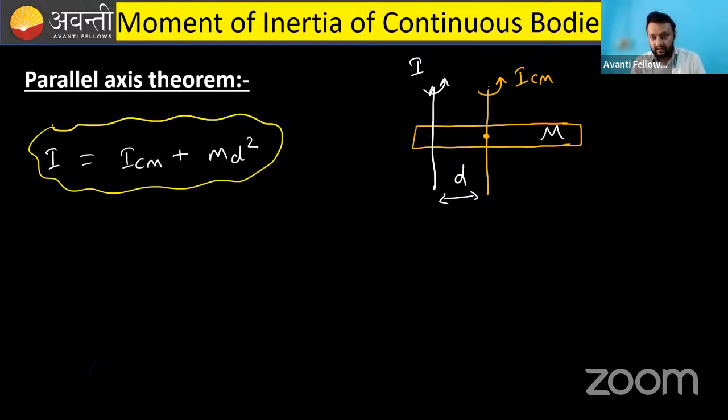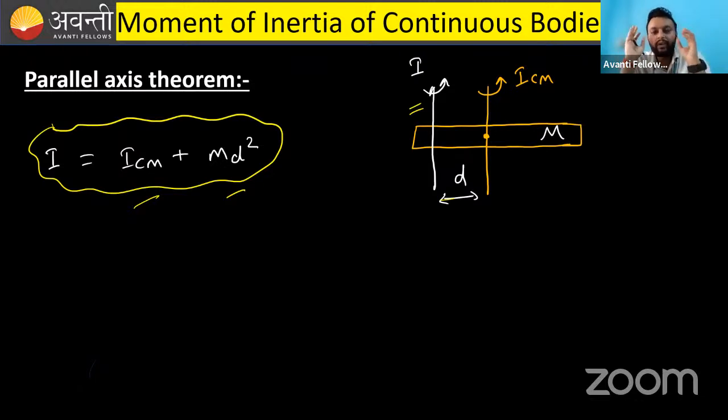This is the axis passing through the center of mass, and there is another axis parallel to it, separated by a distance d. Then the moment of inertia will be ICM plus md square. But the condition is that both the axes must be parallel and one must pass through the center of mass. Clear? I will move further.